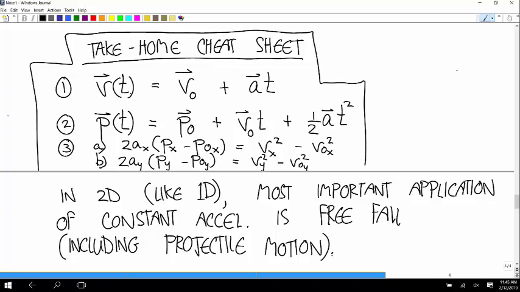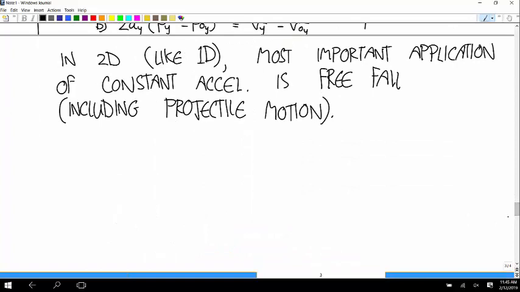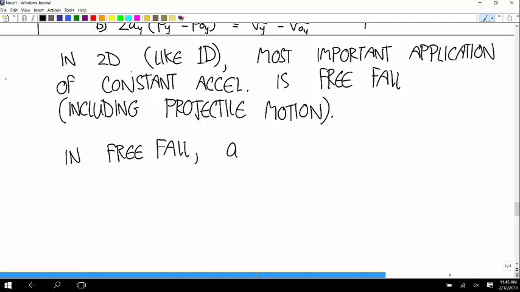And in free fall, the acceleration vector is 9.81 meters per second squared facing down.